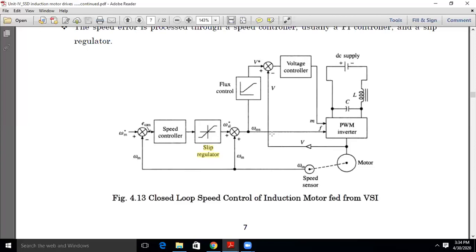So based on this omega s, the frequency is adjusted as one of the inputs to the PWM inverter.